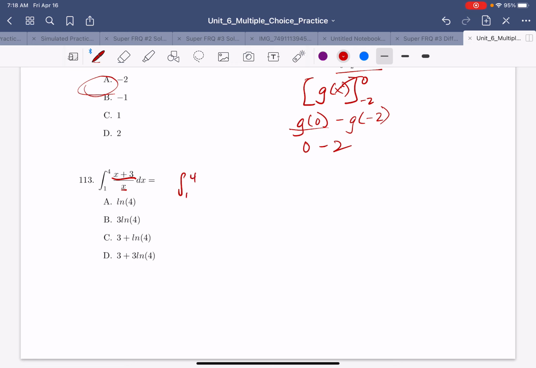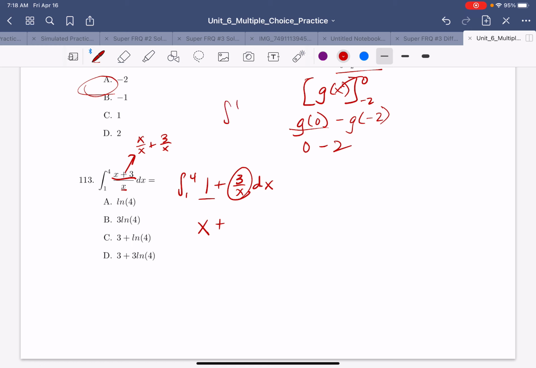So I can break this apart as x over x plus 3 over x, which is the same thing as the integral of 1 plus 3 over x dx. And this is an easy integration. The antiderivative of 1 is x, and then the antiderivative of 3 over x.